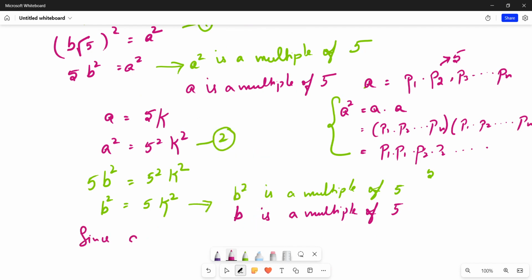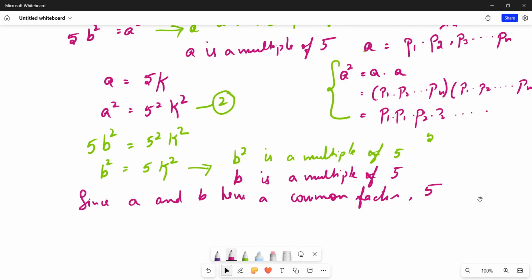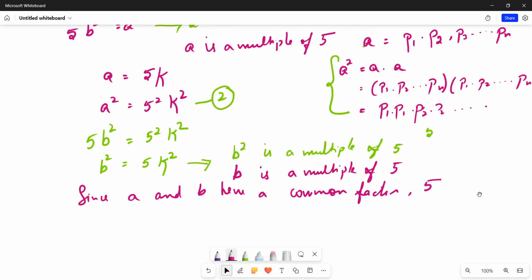Since a and b have a common factor, which is 5, it has led to a contradiction. So root 5 is not rational. It is an irrational number. And I hope you understand. Thank you.